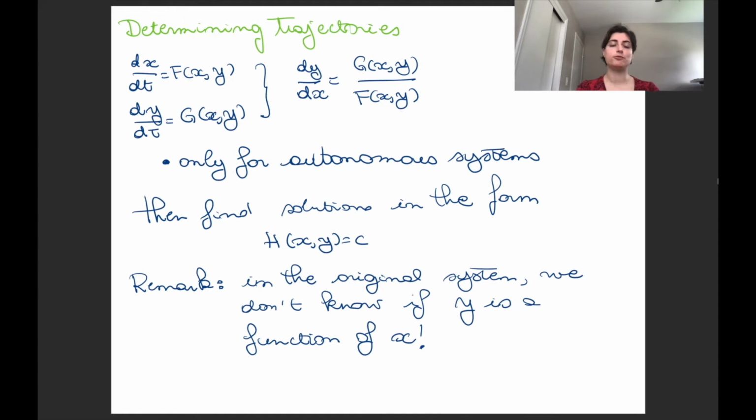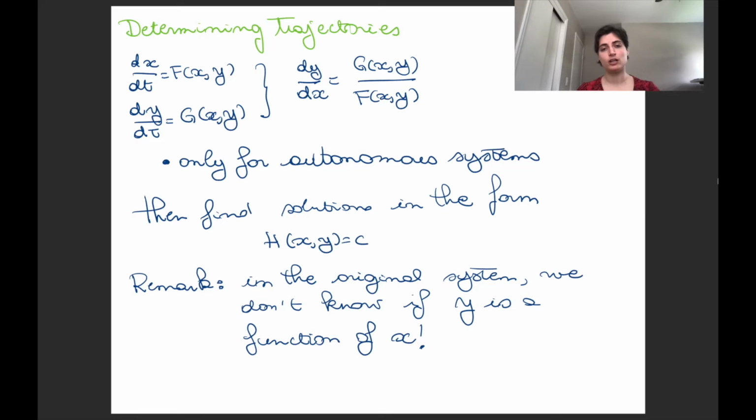So now we move from an autonomous system in which x is a function of time and y is a function of time to a situation in which y, we're kind of interpreting it as a function of x. Not really though, because we're interested in trajectories that are not necessarily a function of x.